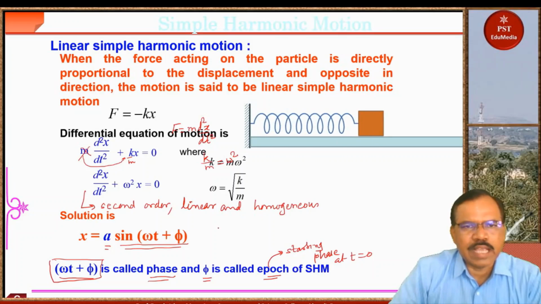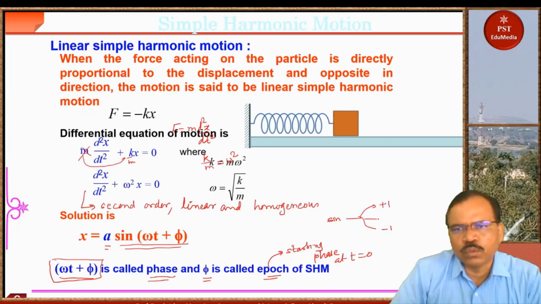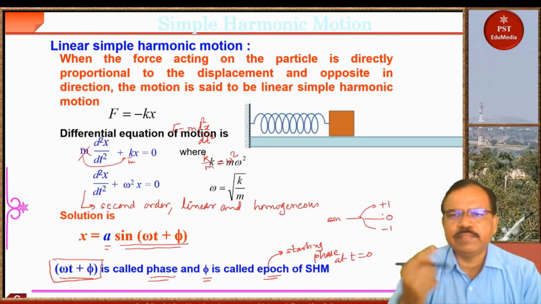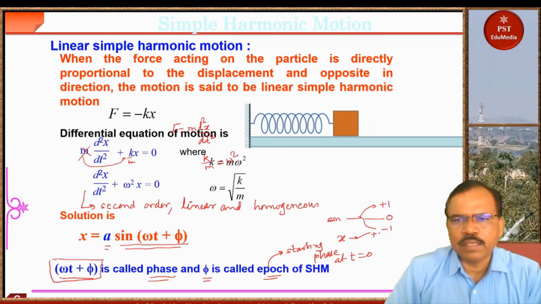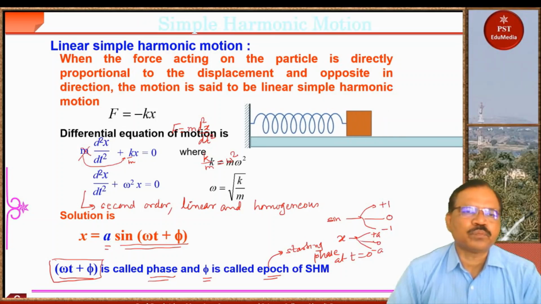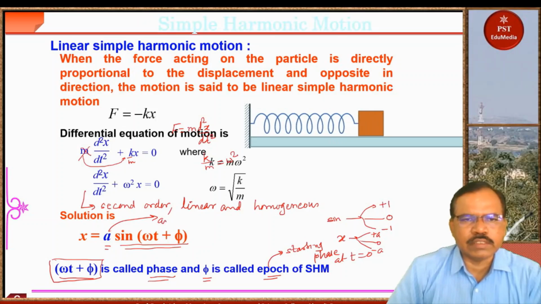And we know the sine function varies between +1 and -1 through 0. So x will vary between plus a and minus a through 0. This a is called the amplitude of oscillations.